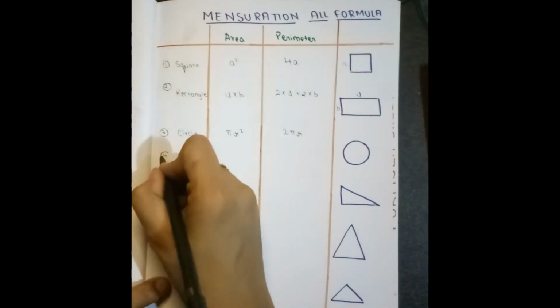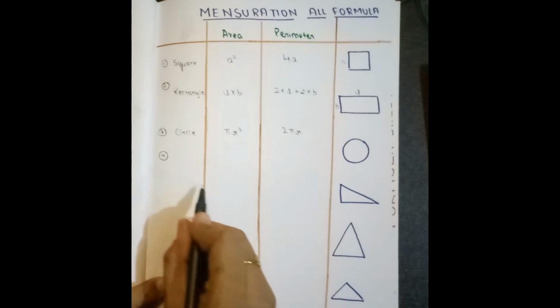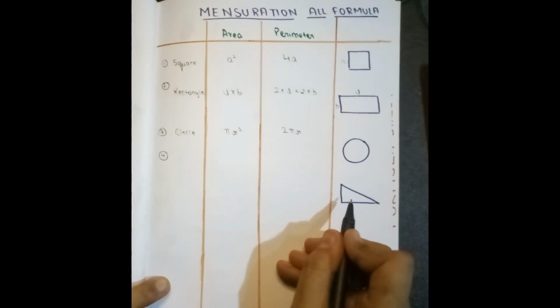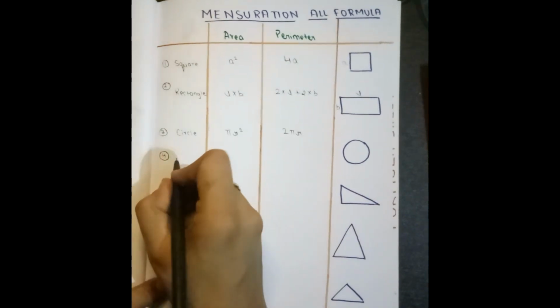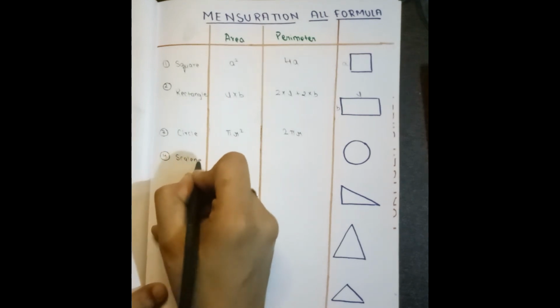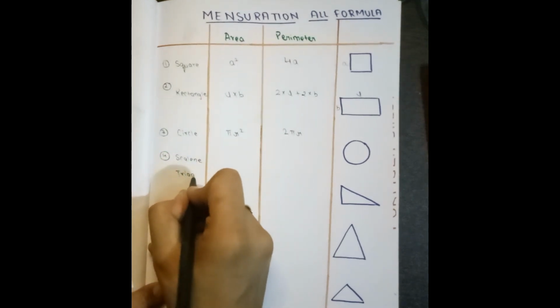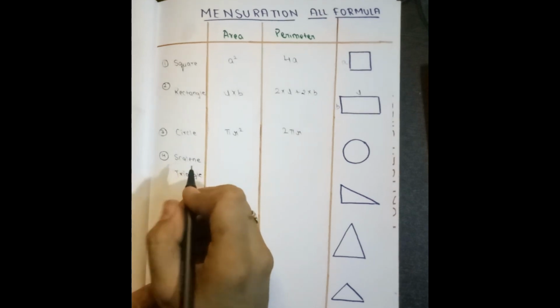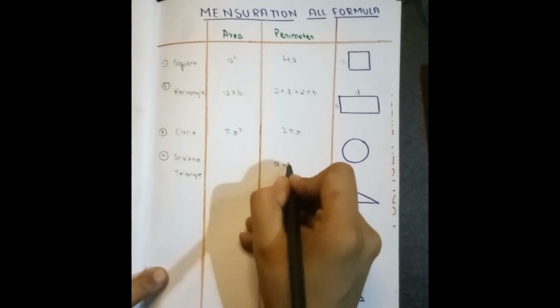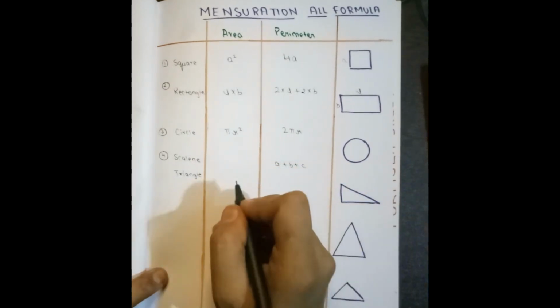Now let us start with the next triangle here. This triangle is the scalene triangle. A scalene triangle is one where all the sides are unequal. Let me write it down properly. Talking about the scalene triangle formula, the perimeter is simply A plus B plus C, supposing A, B and C are the three sides.